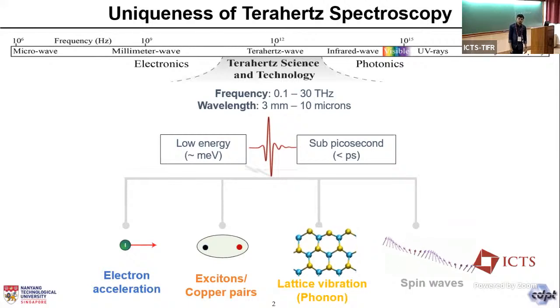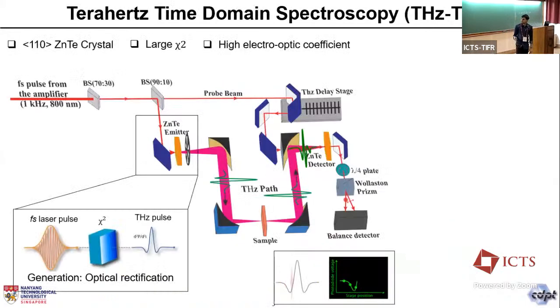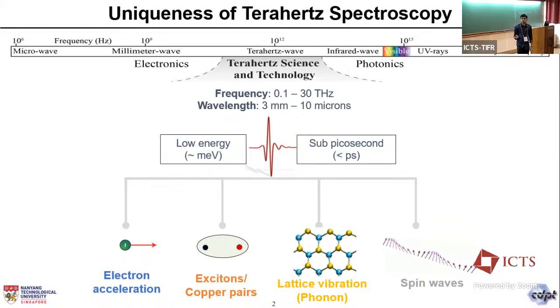Most of the materials in nature have lattice vibration in terahertz frequency, so the phonon modes in those materials we can probe using terahertz frequency. And of course the magnons. Typically the 2D ferromagnets that we have been exploring till now, and most of the antiferromagnets, those magnons lie in this terahertz frequency, right? So this terahertz frequency is pretty interesting from a spectroscopy point of view.